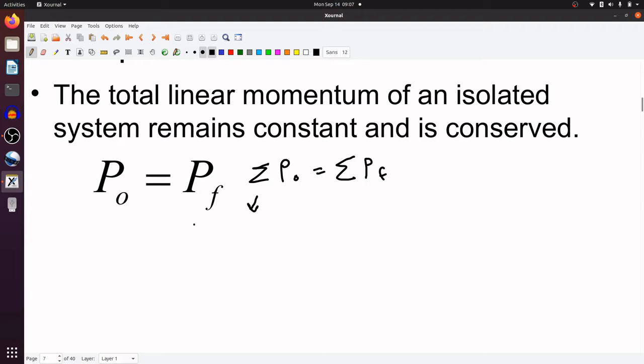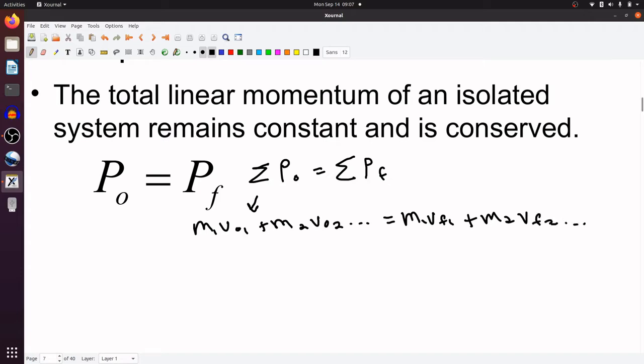I.e., you would have m1 v01 plus m2 v02 equals m1 vf1 plus m2 vf2.